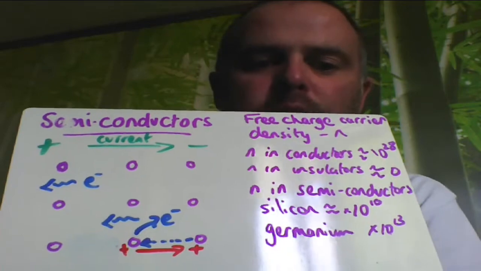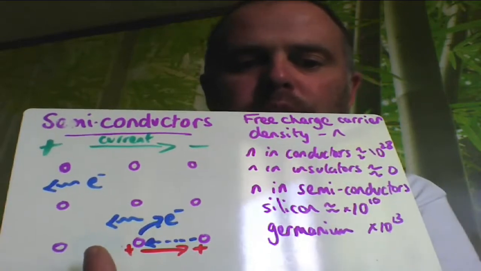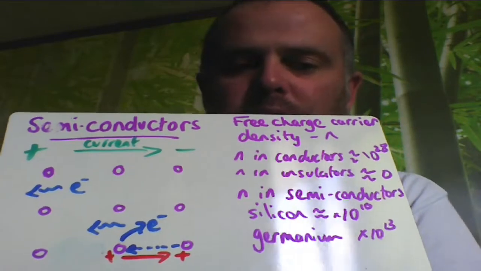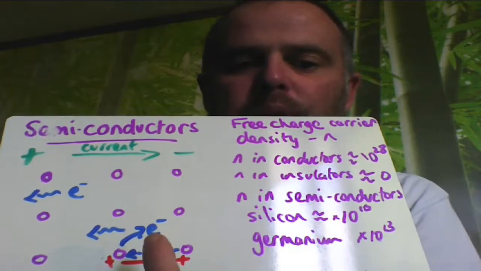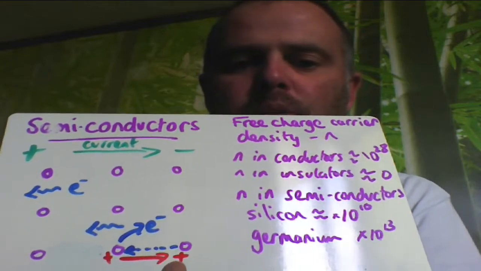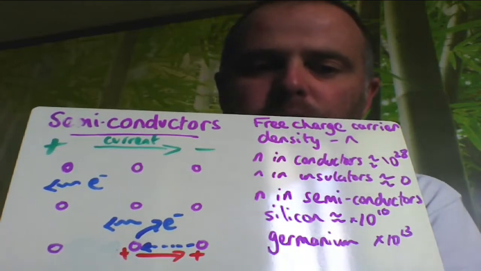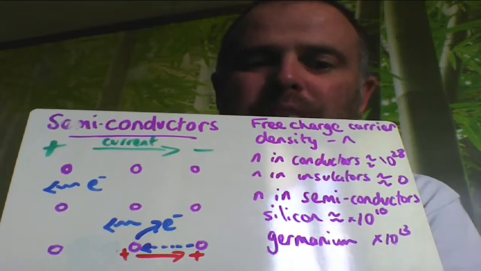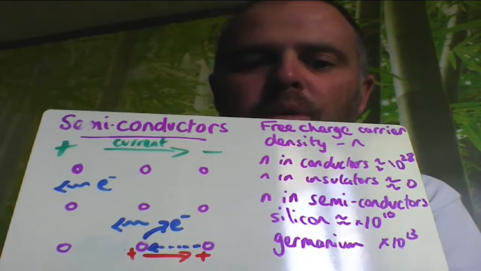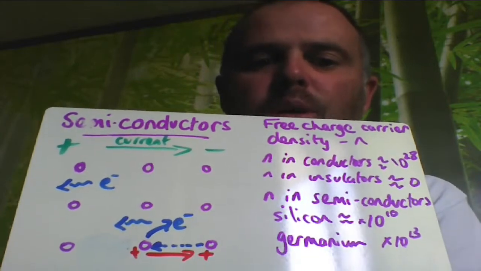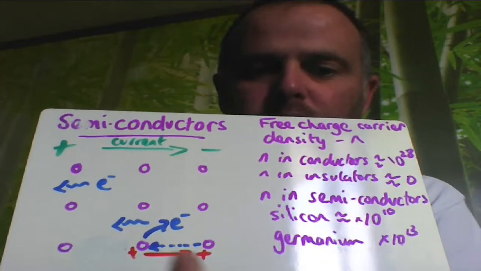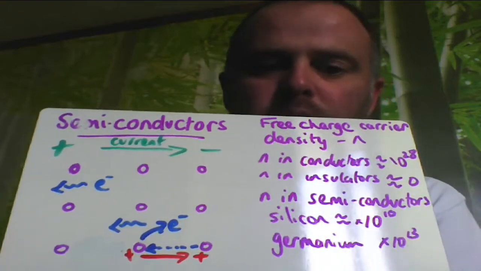As temperature increases and vibrations in the silicon lattice increase, this frees up more electrons and more positive holes, so it reduces resistance. So as temperature increases, resistance decreases, and this is what we call negative temperature coefficient.